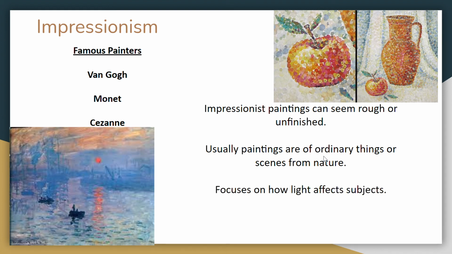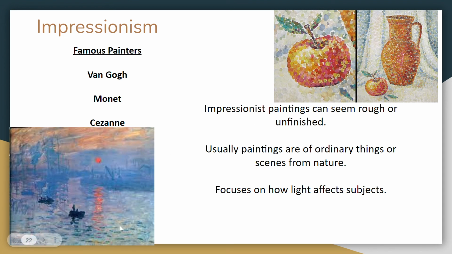And Impressionism focuses on how light affects the subjects. Lighting is very important for Impressionism. If you look at this apple, over here it is very dark, over here it is very light. So there's obviously some light coming in, making this lighter, making this darker.